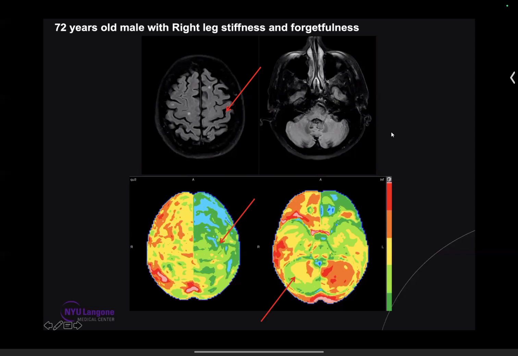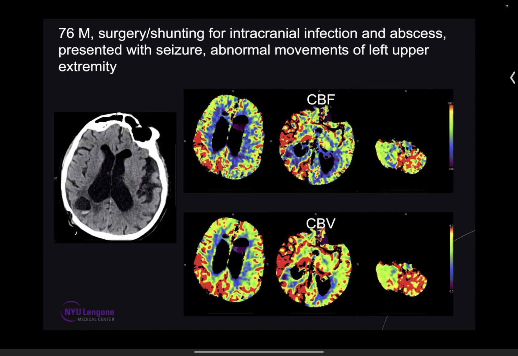And then you go back and you say, wow, yeah, the right cerebellum is a little bit shrunken, right? So you can see, even though structurally it may not be very obvious, functionally it's very obvious that these two structures are connected. And there is hypometabolism of the brain in this left perirolandic region with corresponding right cerebellar hypometabolism on the FDG PET. And once you start noticing that, you will start seeing more and more.